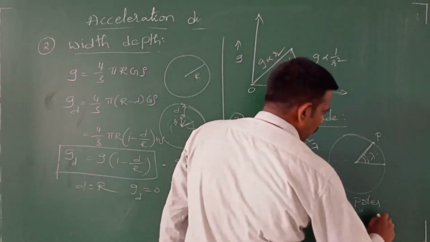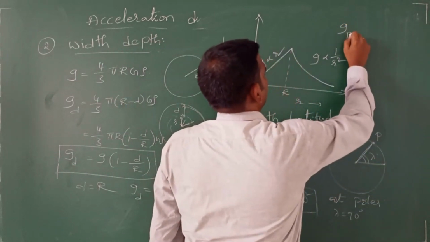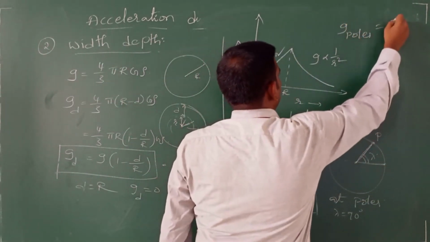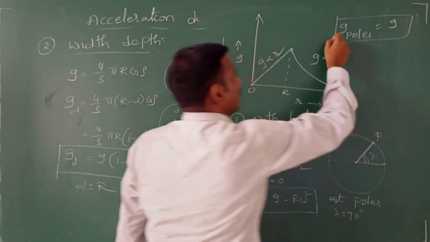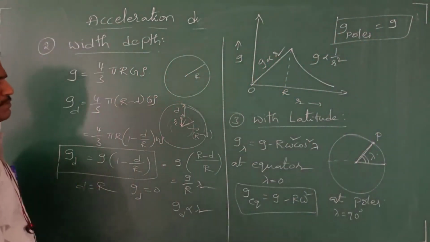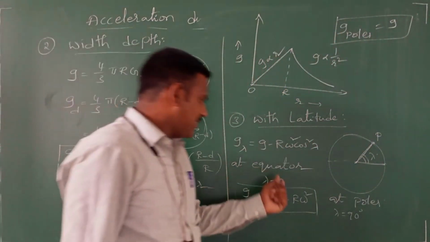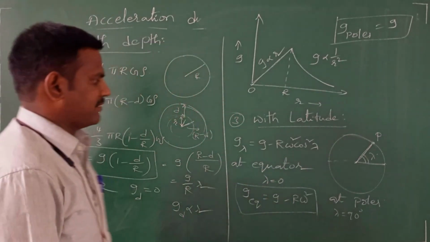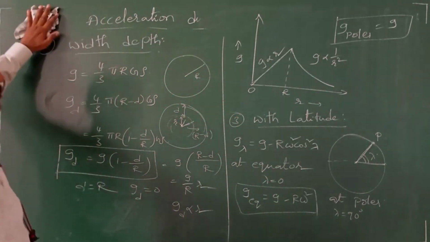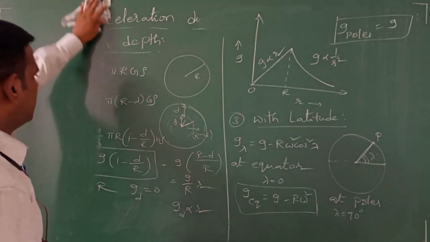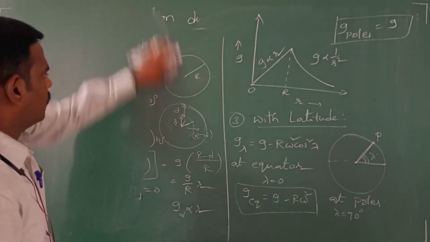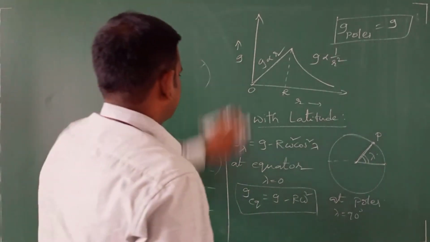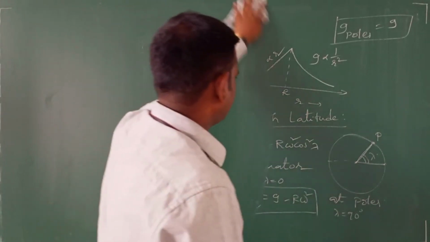So what is g at the pole? The acceleration due to gravity at the poles is nothing but maximum g. The acceleration due to gravity at the poles is maximum, and at the equator it is g minus r omega square. These are the formulas. So hope you are all clear with this. Now based on these formulas, we are going to do a few sums. Okay.